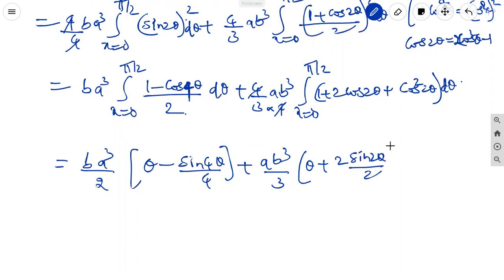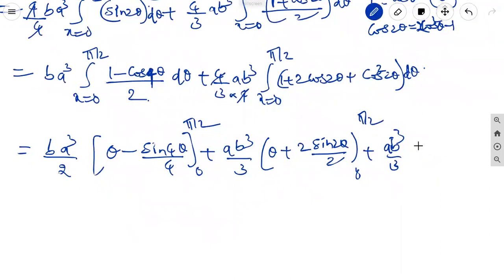This is the limits from 0 to pi by 2, and here also 0 to pi by 2. But this one is different, that is plus a b cube by 3, cos square 2 theta, again we can write it as integral from 0 to pi by 2 of 1 plus cos 4 theta by 2 into d theta.